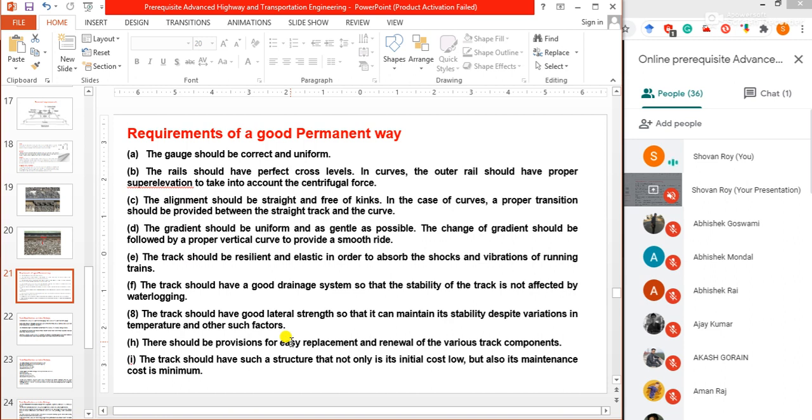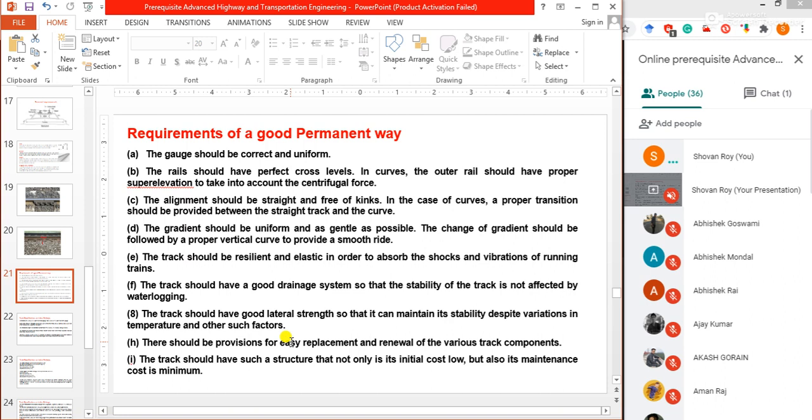The gauge should be correct, and we know the gauges: broad gauge, meter gauge, and narrow gauge. The rail should have perfect cross levels in curves. The outer rail should have proper super elevation to take into account the centrifugal force. The alignment should be straight and free of kinks. Kinks means the twisting of the railway. In curve sections, during construction or during movement of the train, it is highly possible for kinks to occur in the railway lines.